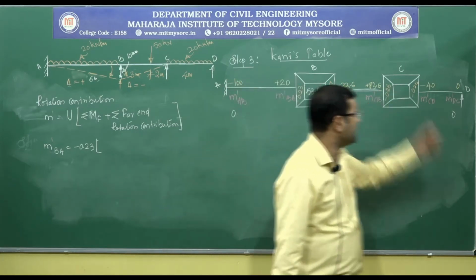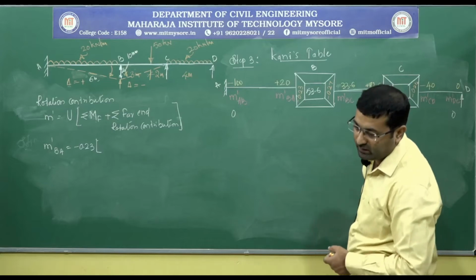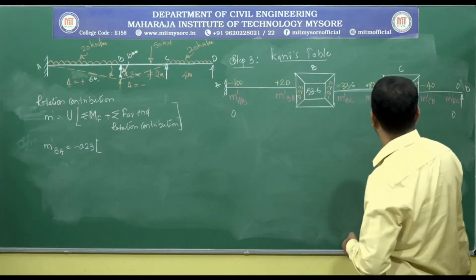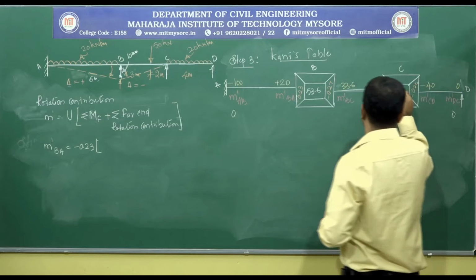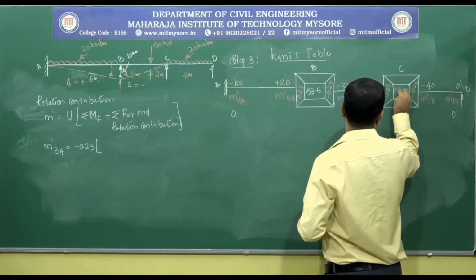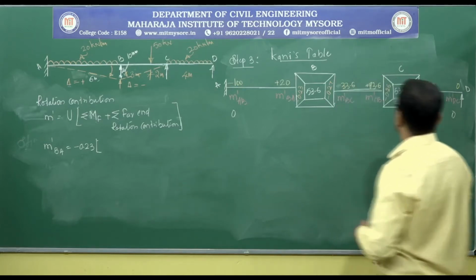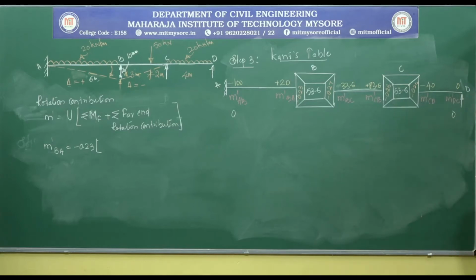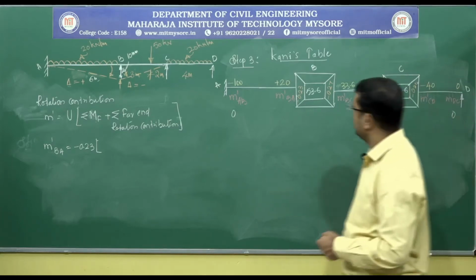At joint C it is also 53.6, plus 40. So both are the same here, 53.6 and 53.6.